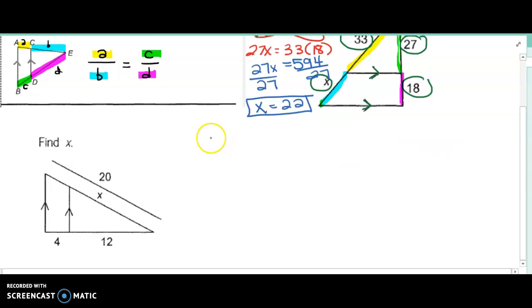All right. Same thing here. I'm going to have you do this one on your own, but I'm going to help you get started. We do know that these are parallel. So I'm going to go ahead and highlight my 4 different colors.